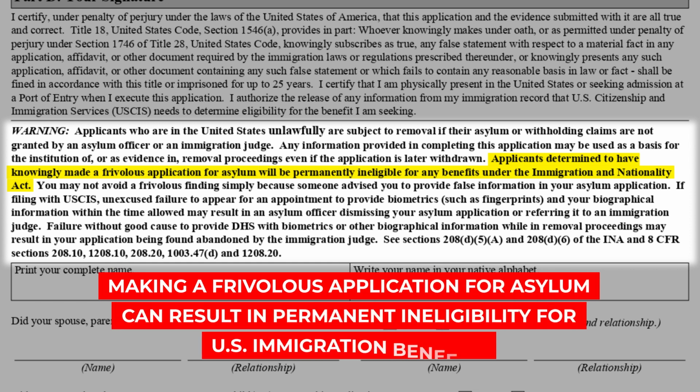Well, it means that if the government thinks you're lying as part of your asylum claim, you can be banned permanently from ever getting any kind of U.S. immigration benefit. So it's not just that you won't win asylum. Rather, you also wouldn't be able to get permanent residency in the event that you had a family member or employer who could sponsor you. And you wouldn't even be able to get a tourist visa to go to the United States in the future. So this is serious stuff.